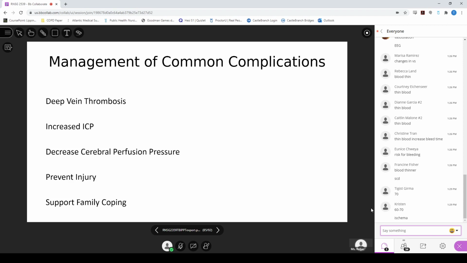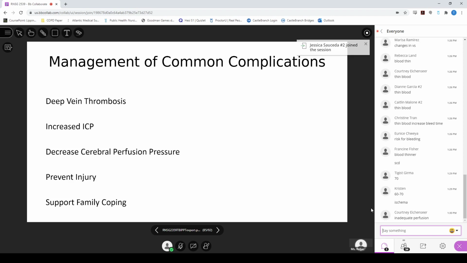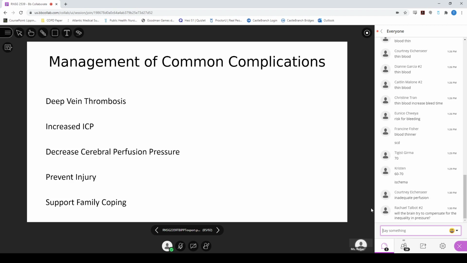What happens if this cerebral perfusion pressure falls below the patient's threshold, falls below 50? If it falls below the patient's threshold, this vasodilation cascade can occur.